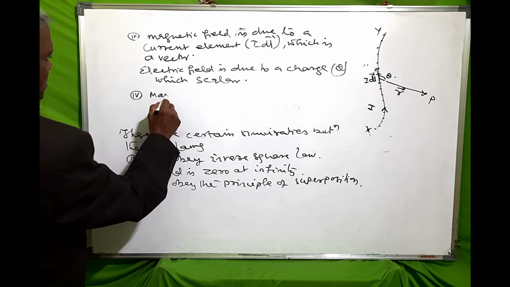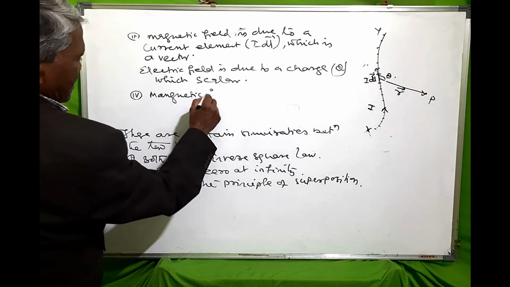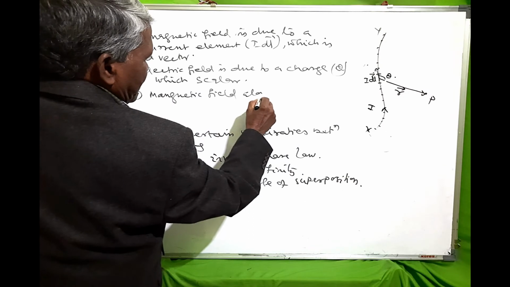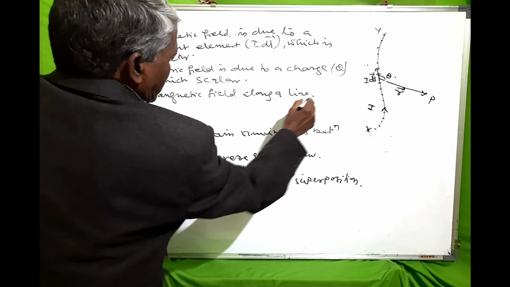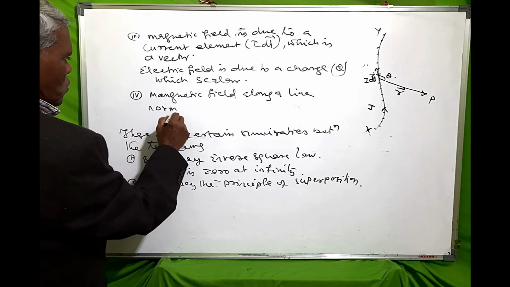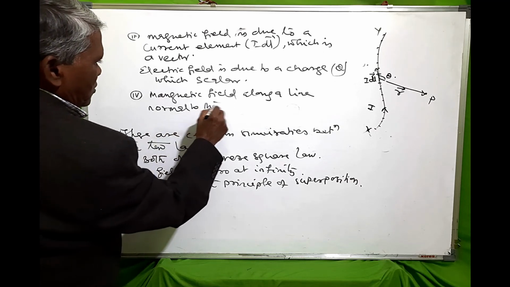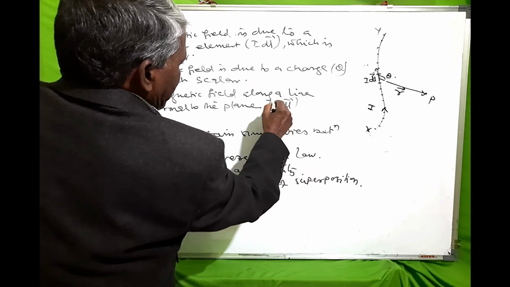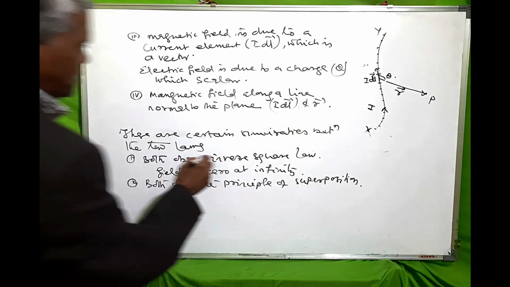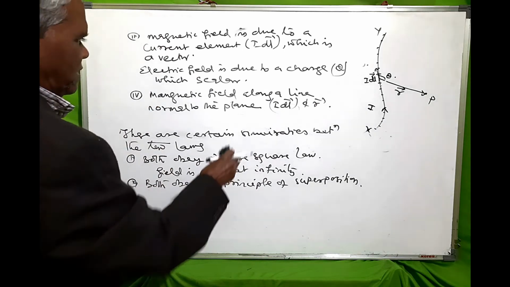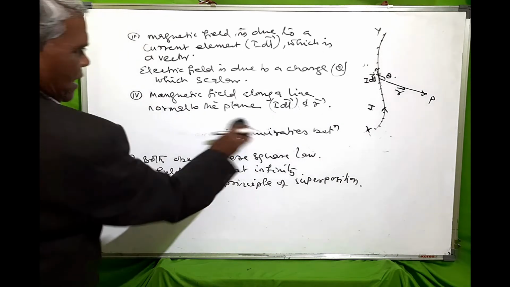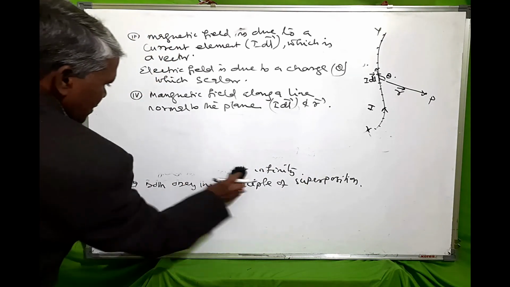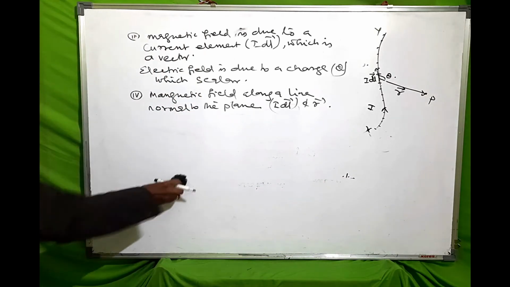Magnetic field is along a line normal to the plane containing I dl and r, so this is normal to the plane of the element and the position vector, since there is an n cap.